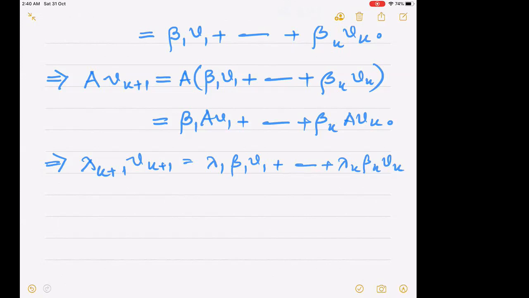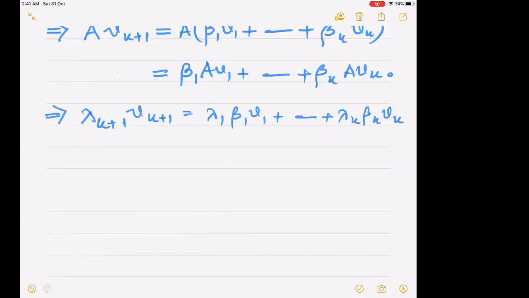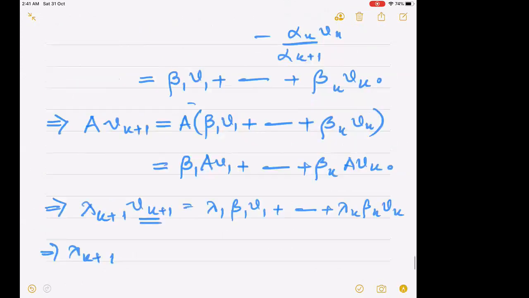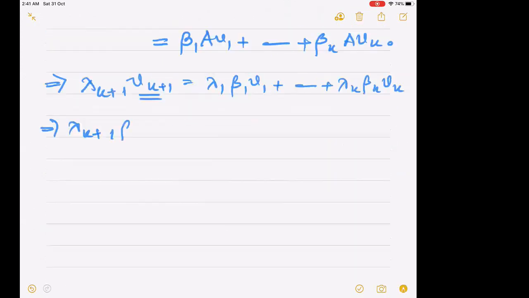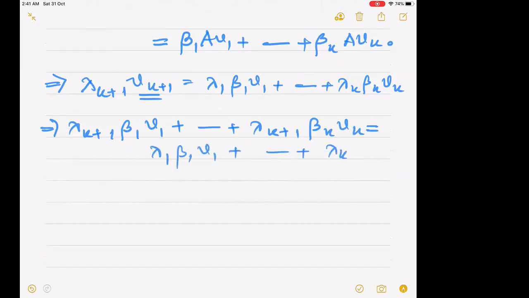Okay, but now I can also replace this vk plus 1 by this expression, which is the same as lambda k plus 1 beta 1 v1 plus dot dot dot lambda k plus 1 beta k vk, and that is equal to lambda 1 beta 1 v1 plus dot dot dot up to lambda k beta k vk.